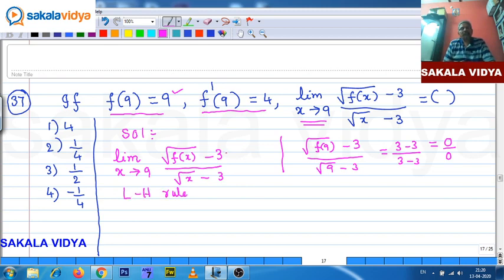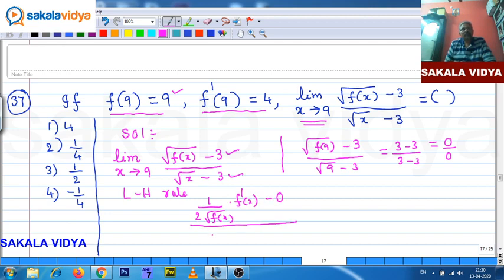That means numerator and denominator are to be separately differentiated. So derivative of root f of x is 1 by 2 root f of x into derivative of f of x is f dash x, minus 3 differentiation 0.